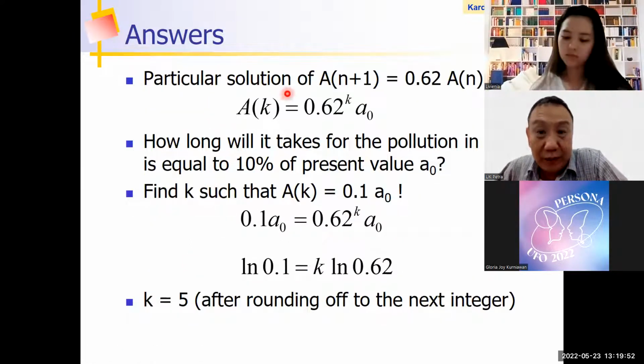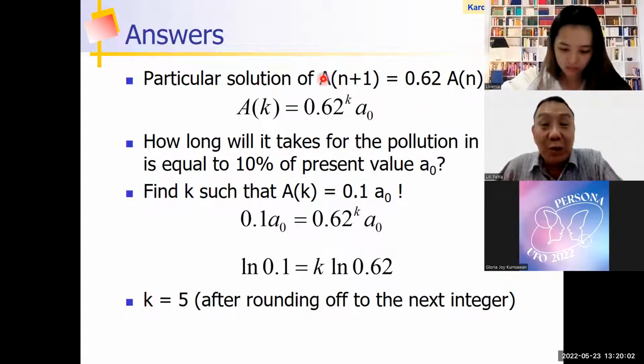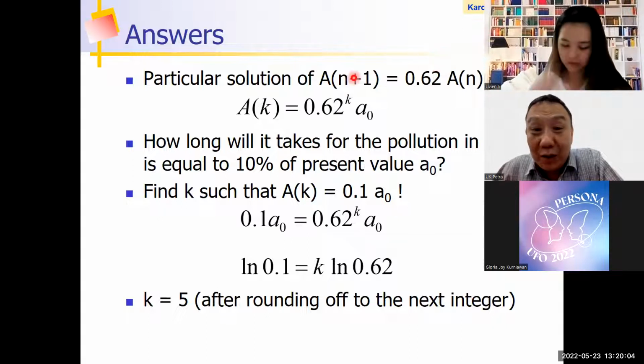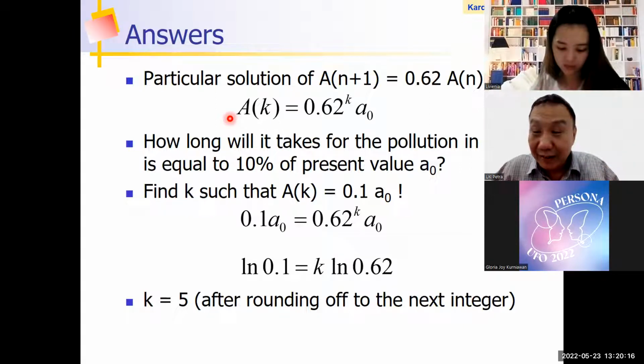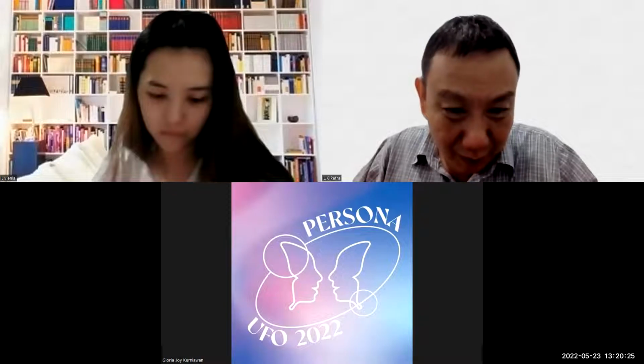So this is what you are doing. This is the first equation, and the solution of this is this one. My question: how do you know the solution of this equation is this one? Remember the first order earlier, the bank saving? It's exactly the same, right? I showed it a while ago.